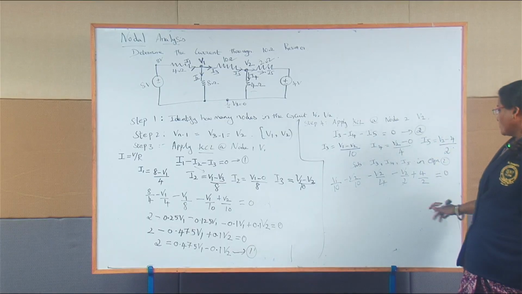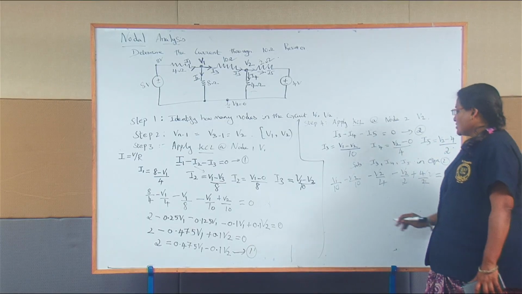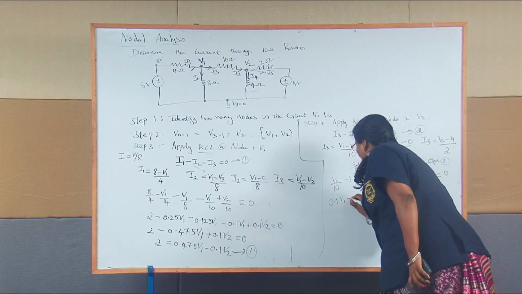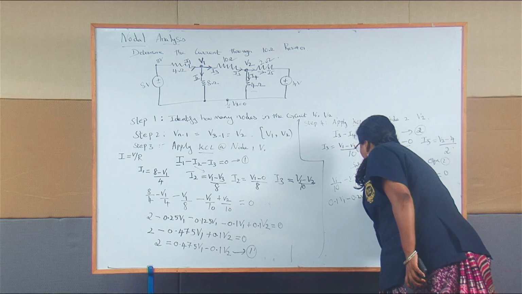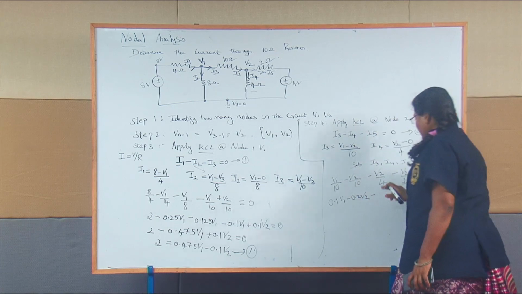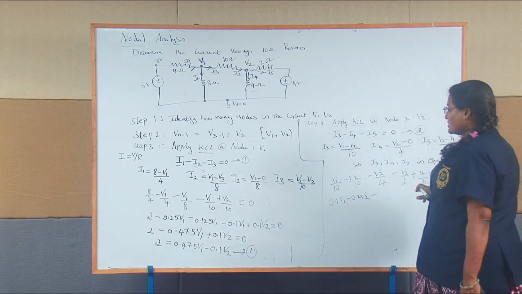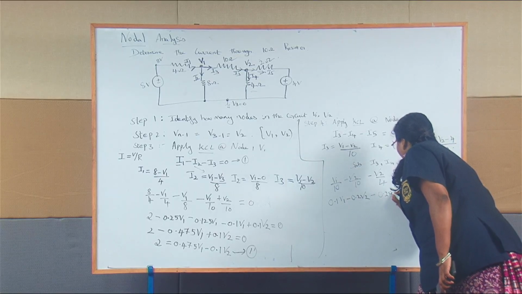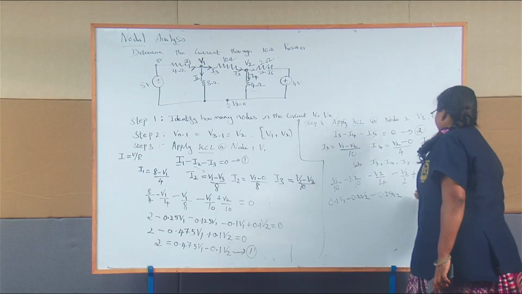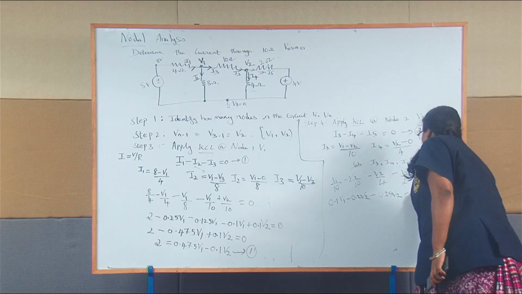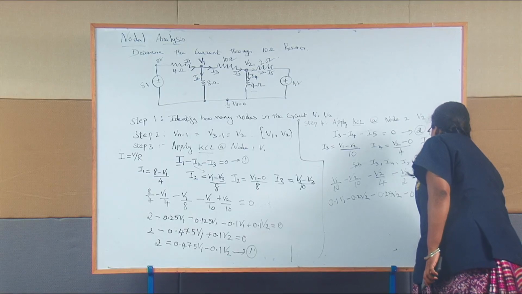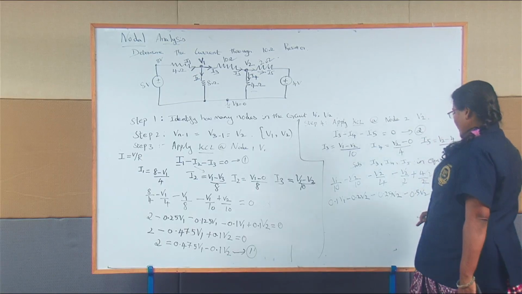So, I am going to simplify this. 1 by 10 is nothing but 0.1 V1 minus 0.1 V2 minus 1 by 4, 1 by 4 is nothing but 0.25. So, 0.25 V2 minus 1 by 2, minus 0.5 V2 plus 2 equal to 0.